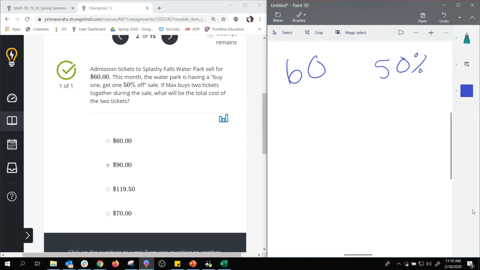Not divide them. Close. What's the opposite of division? There you go, multiplication. So I'm going to multiply these two together, but remember your percent needs to go to a decimal. So 50% as a decimal would be 0.5. So I'm going to take 60 times 0.5.